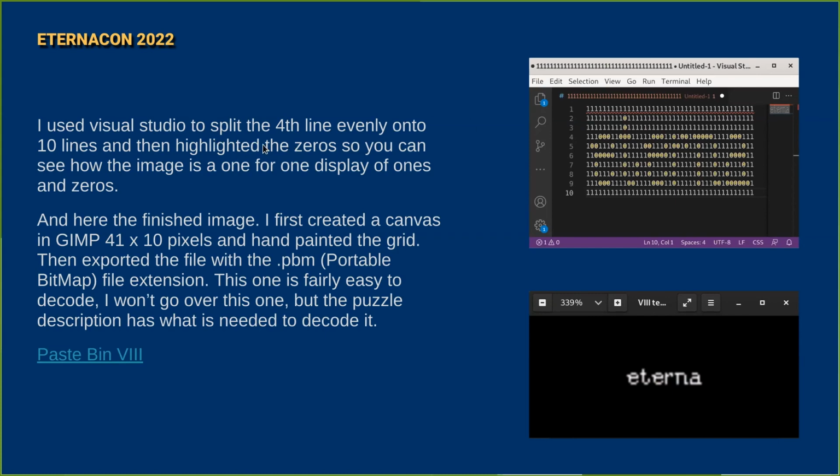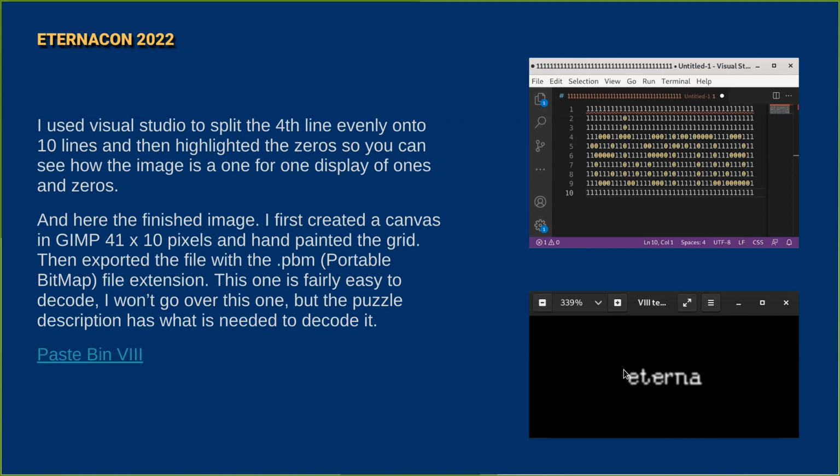So I used Visual Studio to split the fourth line evenly onto 10 lines, and then I highlighted the zeros. So you can see that the image is a one-for-one display of the ones and zeros. You can see there it says Eterna up there, and then this is the actual image that you get when you decode it, which is the image that I made.